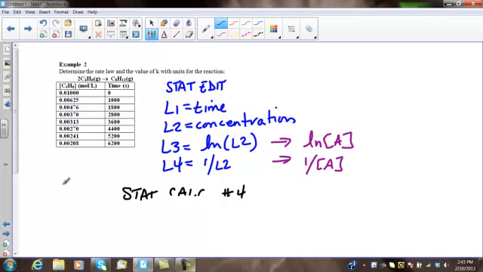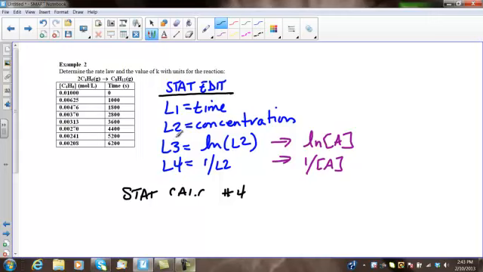Here's another example. It says determine the rate law and the value of k with units for the reaction. So again, just as a reminder, you can pause me and do this on your own. You're going to do Stat, Edit. In L1, you're going to be entering the times. In L2, you're going to be entering the concentrations.